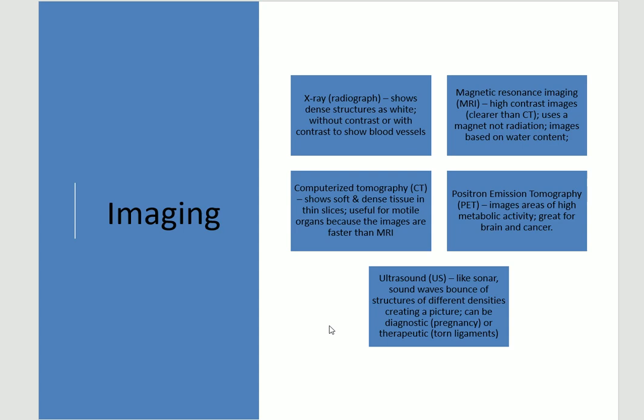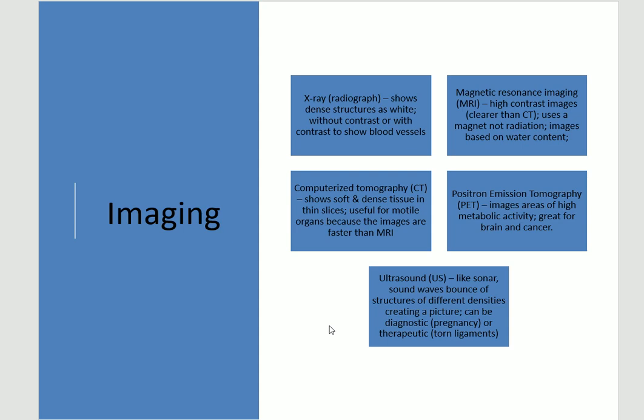So if you do need a scan of your intestines or of your heart, typically a CT scan is done. It's good for organs that are constantly moving because the images are produced so much faster on a CT than they are on an MRI.